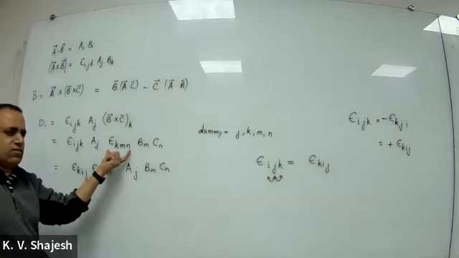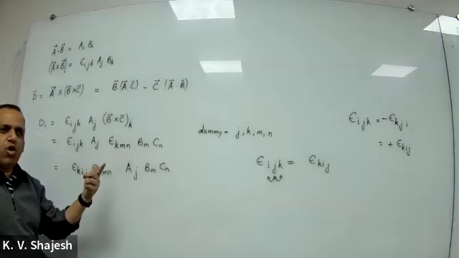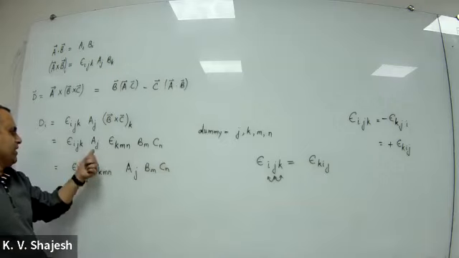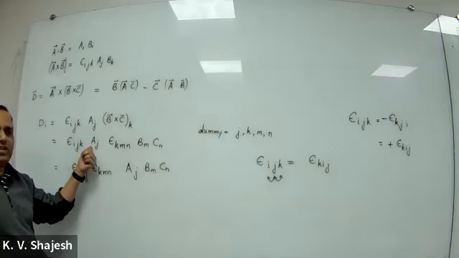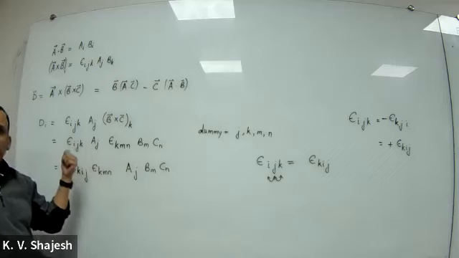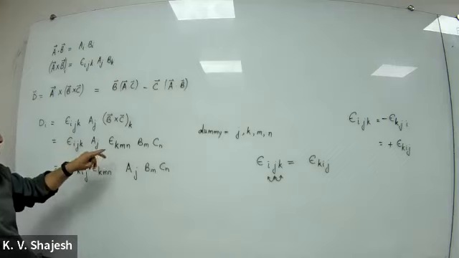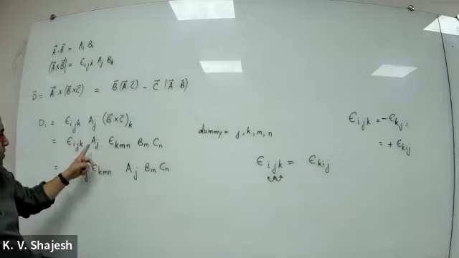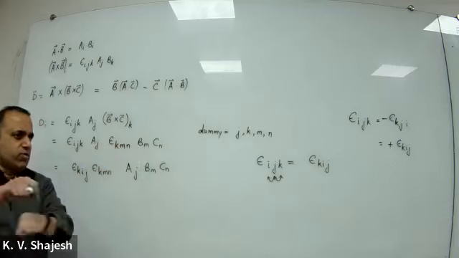Notice these are all numbers. Epsilon, whatever it is, is either +1, 0, or -1. So whether A is a gradient or not, I can take it through; I don't have to worry about it. It will never be a problem to move this. Sometimes you cannot move A, B, and C between themselves.